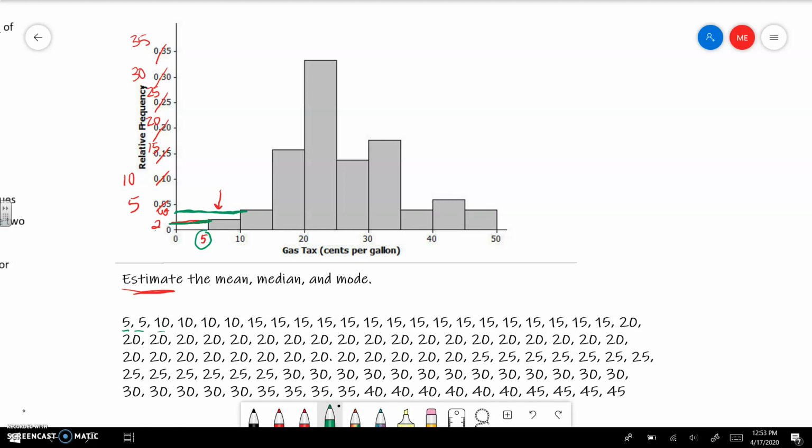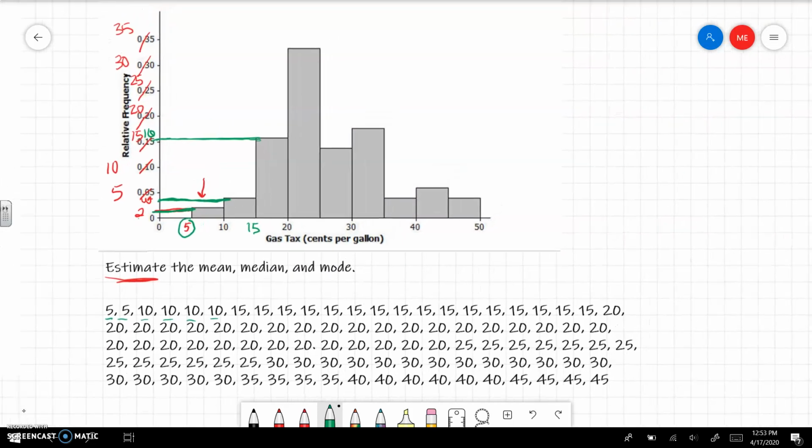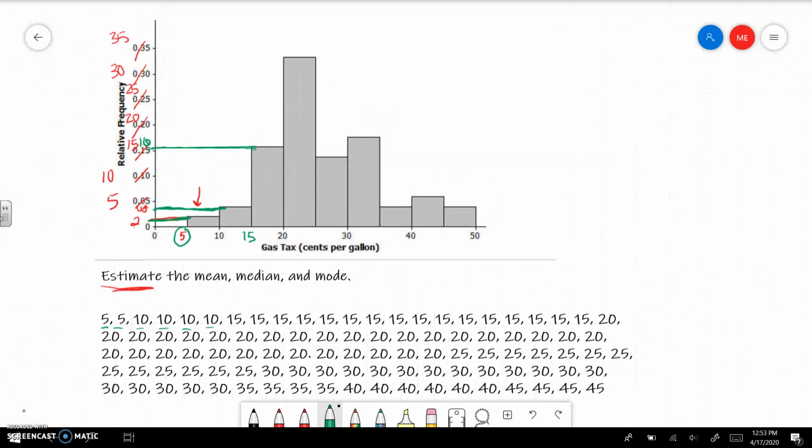So here's my 1, 2, 3, 4 10s, and so on and so forth. So my next bin starts at 15. There's about 16 of those. So I wrote out 16 15s and continued. So when you do this on your own, you're going to have to go ahead and write out the data points for yourself. But for the sake of time, I did it for us.